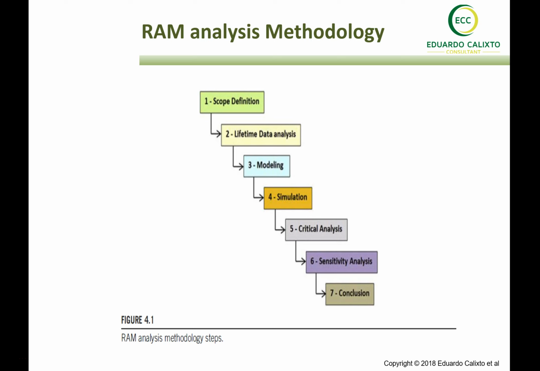How you get these reliability data results in lifetime data analysis, step 2, and how is the process of lifetime data analysis, how you model your system, why your system is not modeled like the process plant, but is modeled as a reliability block diagram.